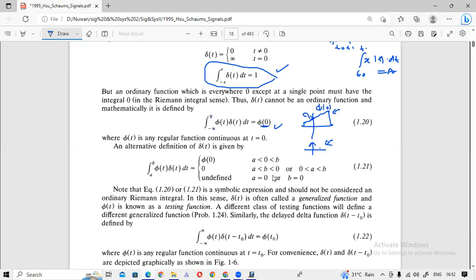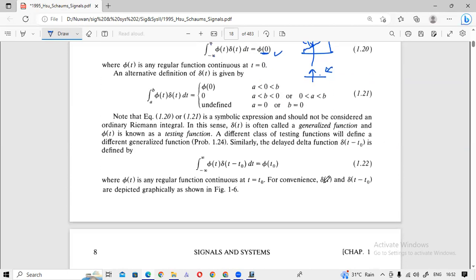So you will get this one. And the shifted version is also like this.